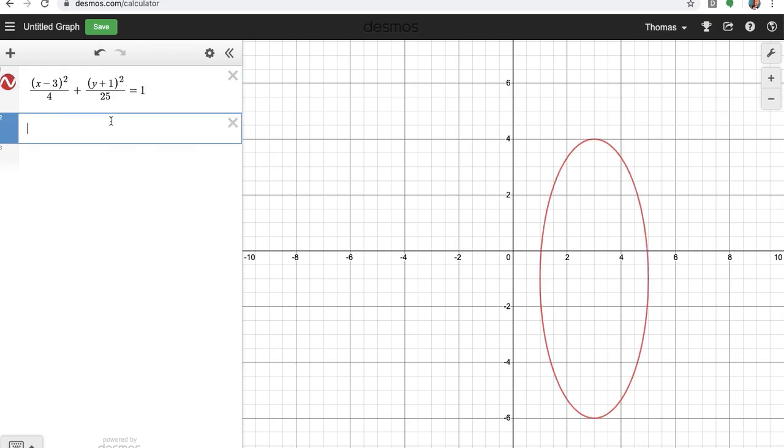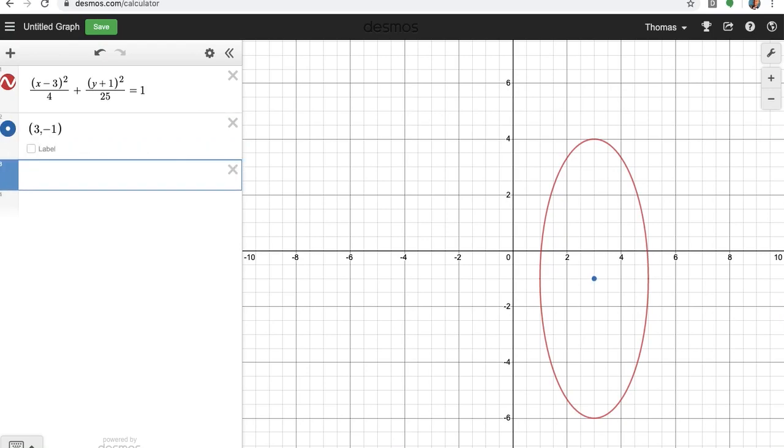So we're going to have a center, 3, negative 1. We've got the vertical vertices. We've got the horizontal vertices. I'll put those in real fast.